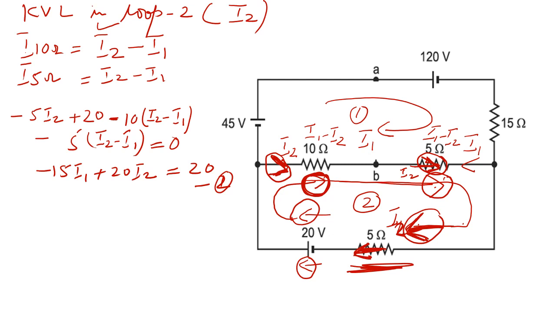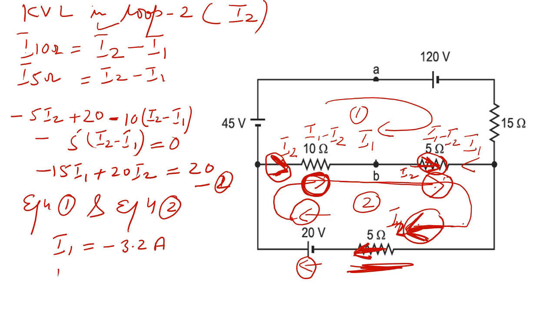So if I solve equation 1 and equation 2, I will get the values of I1 and I2. Here I1 is coming equal to minus 3.2 ampere, and this I2 current is coming equal to minus 1.4 ampere. So these are the two currents we got.